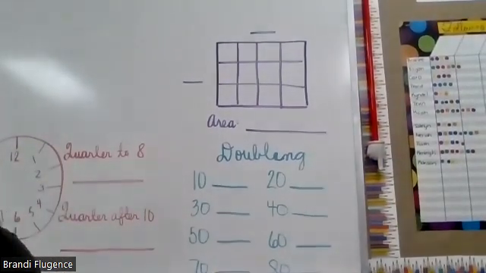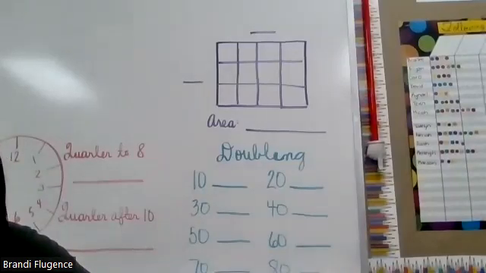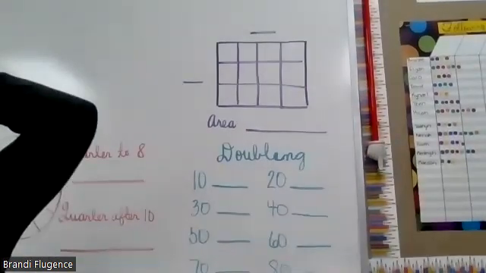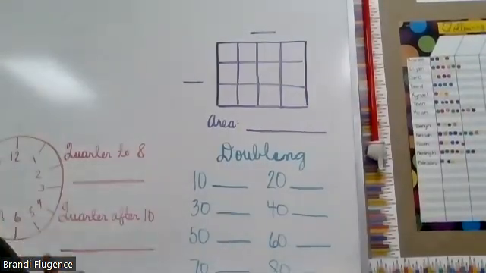3 times 7 equals... 3 times 7. Add 7 three more times.